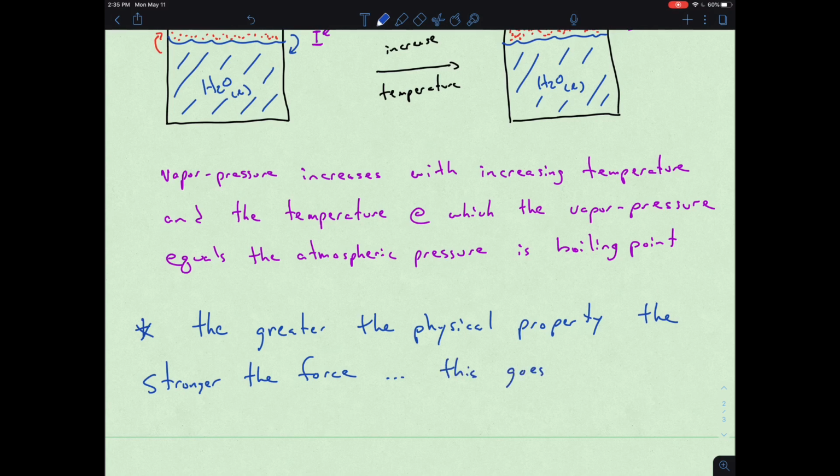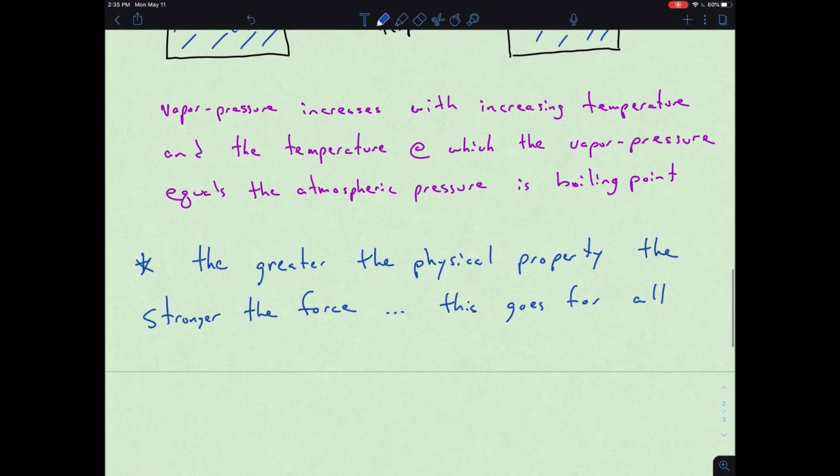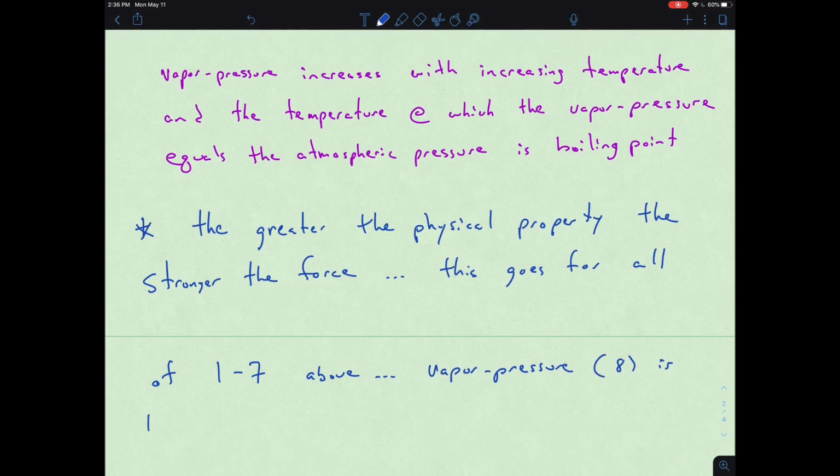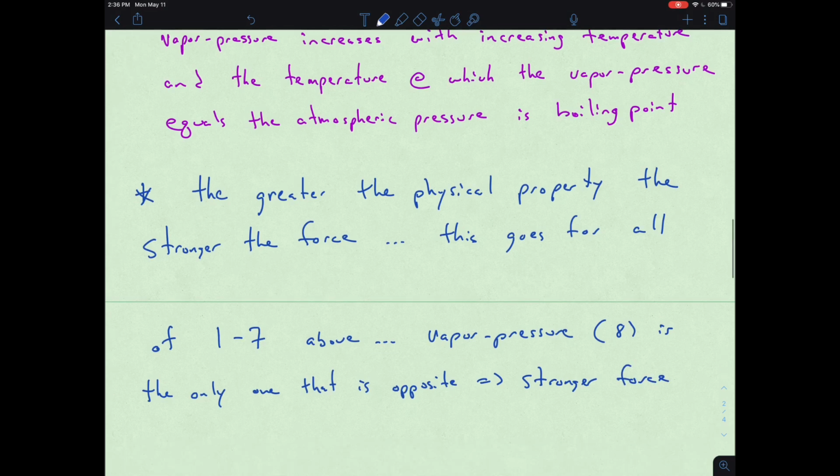This goes for all of 1 through 7 above. Vapor pressure is the only one that's opposite, meaning that a stronger force within a molecule would be synonymous with lower vapor pressure.